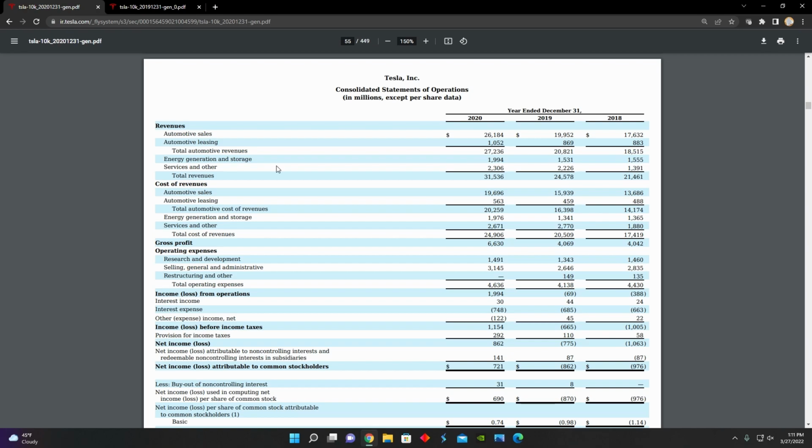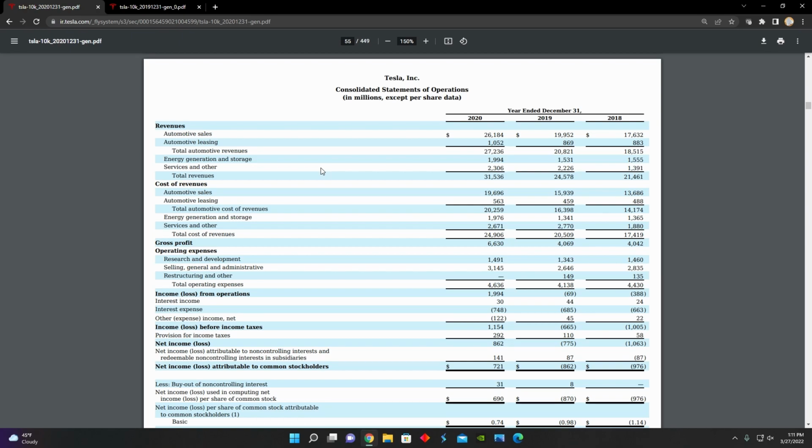And the energy generation and storage for Tesla, this just consists of the sale of solar energy systems and energy storage systems to residential and large commercial grade customers. And then the services and other segment, which I got all this information from the notes to the financial statements, so it's a good exercise to look at the notes to the financial statements when someone's analyzing financial statements for a company.